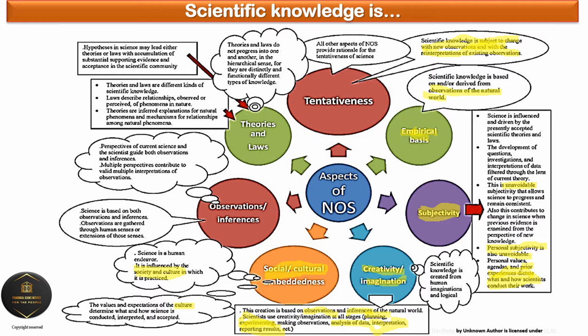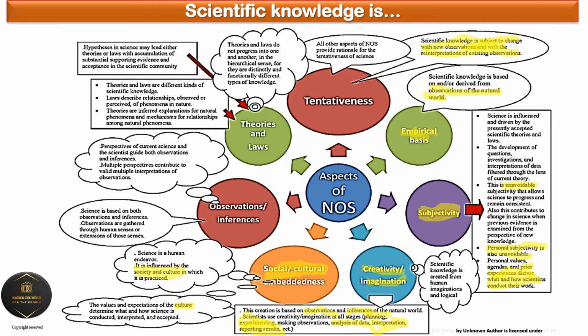So a hypothesis in science may lead to either a theory or a law. In simple terms, since we are geography people, we don't really talk much about what a hypothesis is. But what is more relevant is that when you make observations in nature, and those observations have been proven to be true, they are regarded as either laws or theories, right?